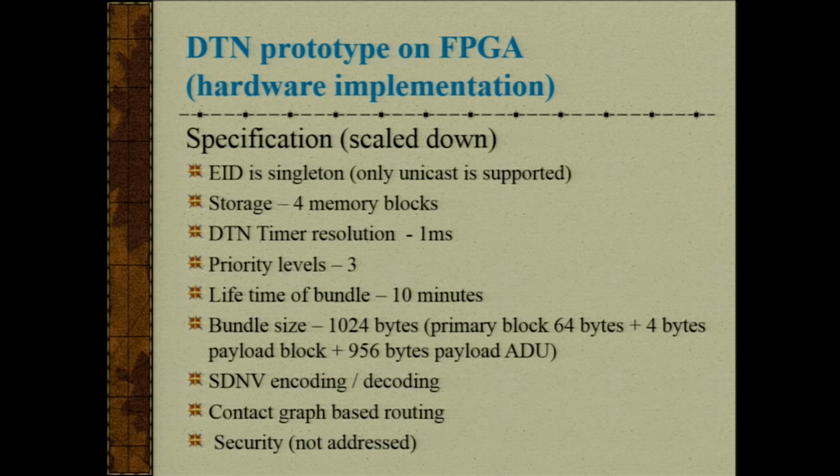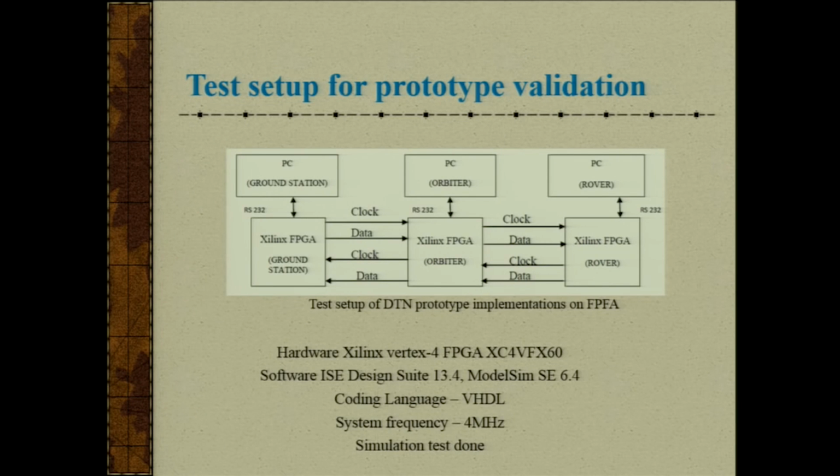This is a test setup for the prototype validation. The bundle layer is implemented on a Xilinx FPGA, and from a PC, application data units or bundles are sent through the RS-232 port.